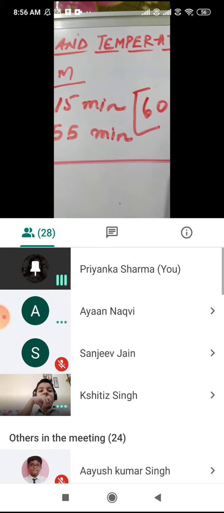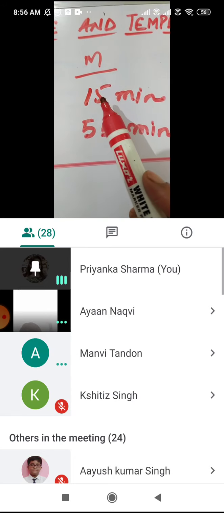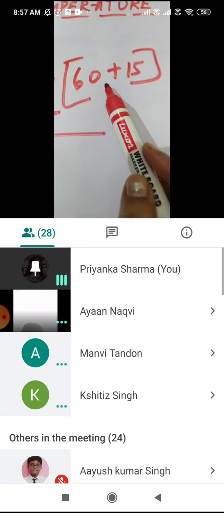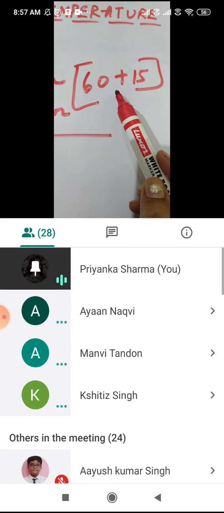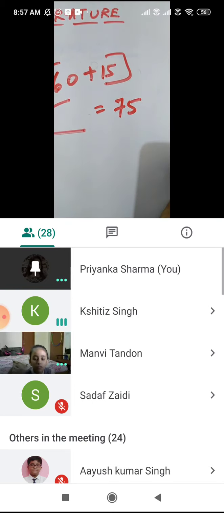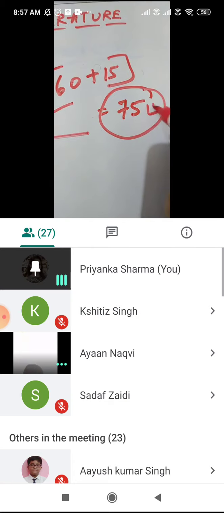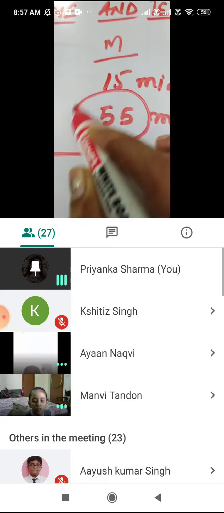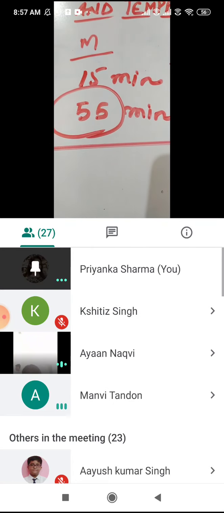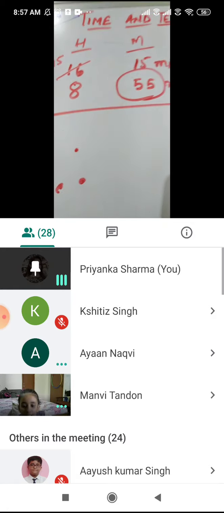So 60 plus 15. 15 is already given. We will add 60 here. Now what has it become? It has become 75. Now see, 75 is bigger than 55. Yes or no? So now we can subtract it easily. Therefore, we will write the new number now.